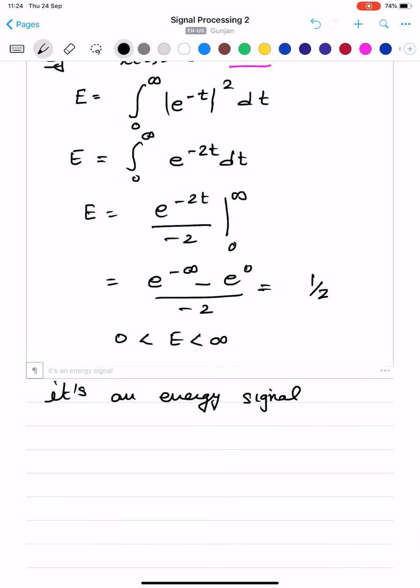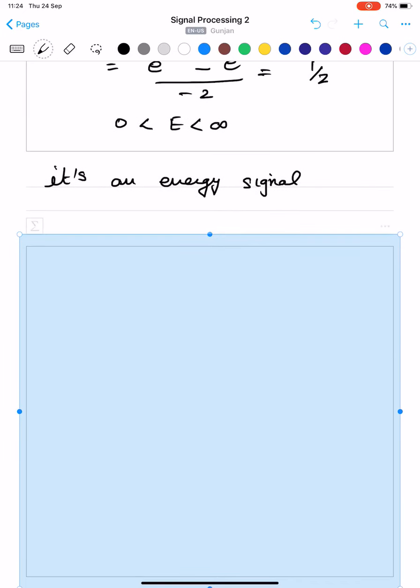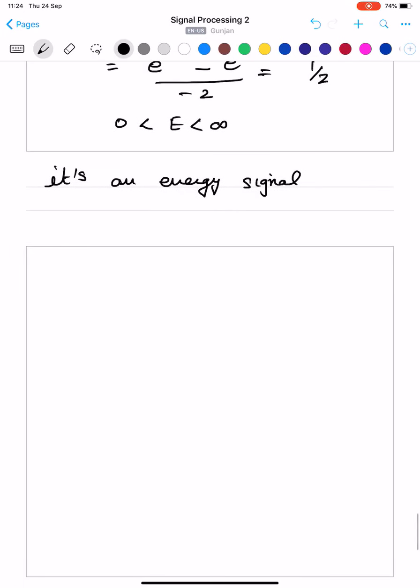Let's take another example where we have x(t) equals e raised to the power minus jt times u(t). Again here the limits of integration remain the same, from 0 to infinite.